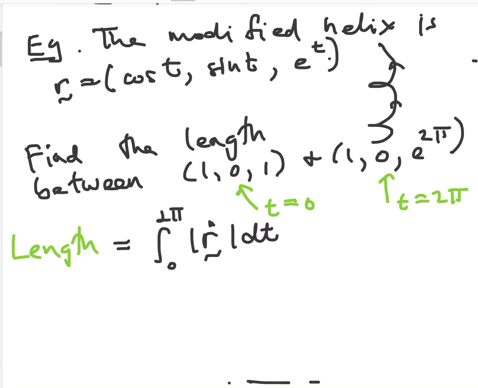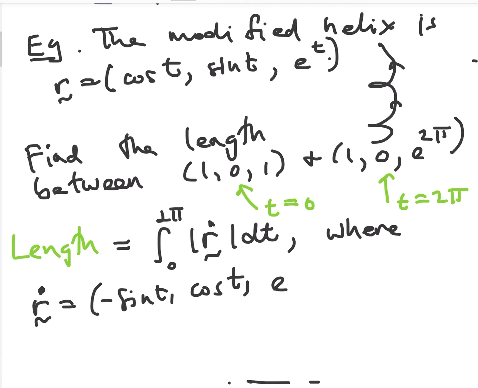And the mod of r dot is the magnitude of the vector r dot. So where the r dot is given by the following vector. The vector r dot is the derivative of vector r, which is minus sine t, cosine t, e to the t.